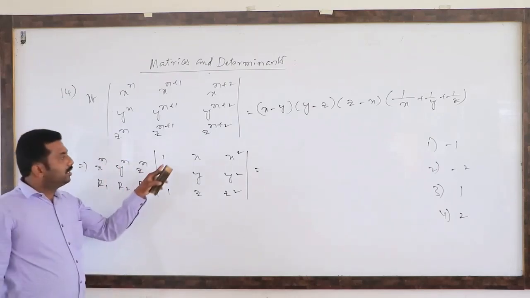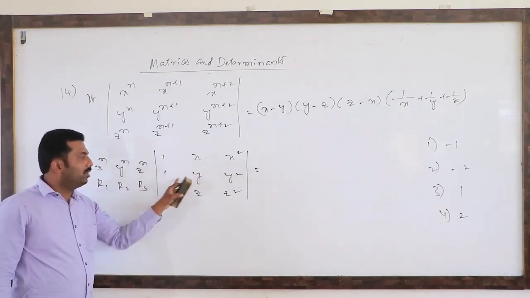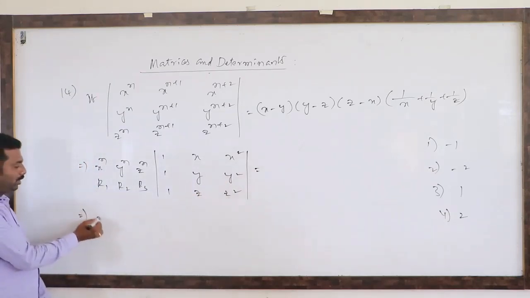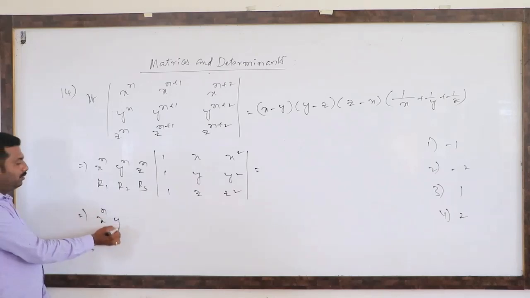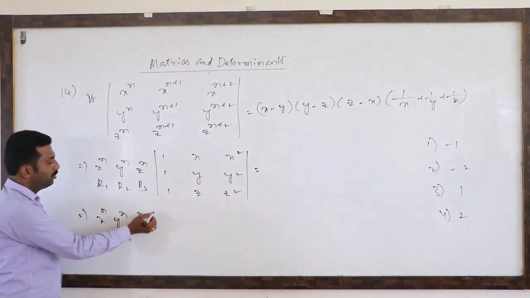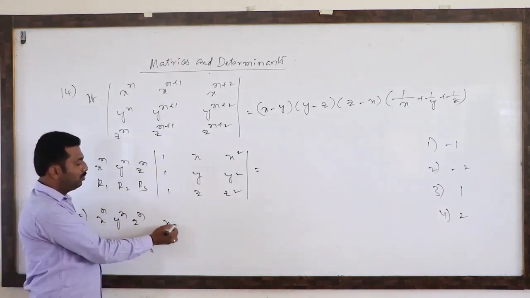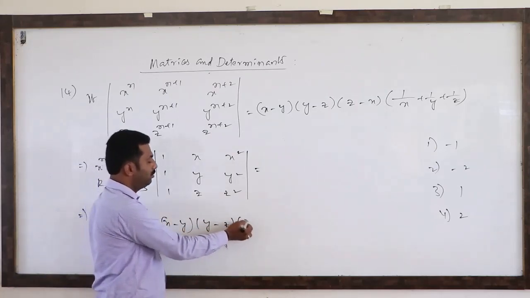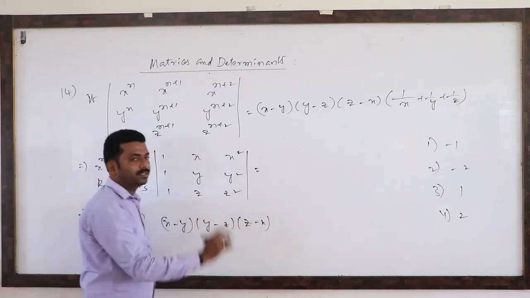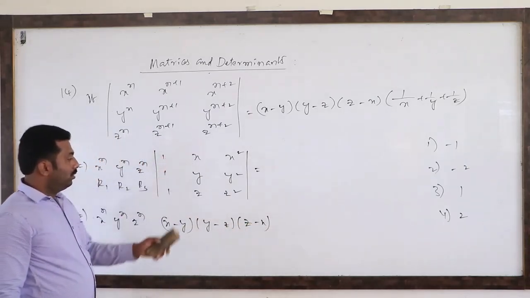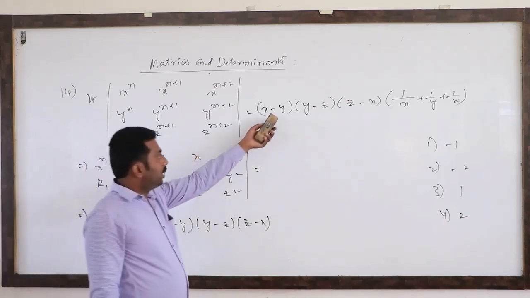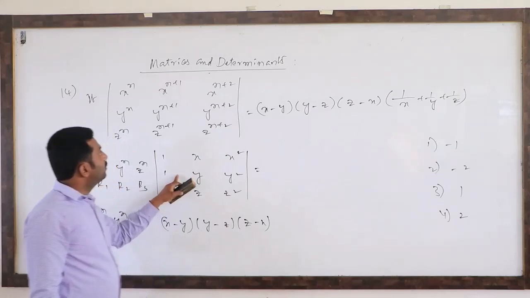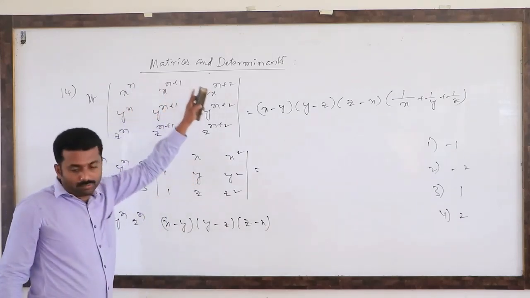Already one standard result is there: 1, a, a square; 1, b, b square; 1, c, c square. See here, how to write this one? x to the power n, y to the power n, z to the power n. So how to write this determinant? x minus y into y minus z into z minus x. So if you write like that, see here x minus y, y minus z, z minus x. Like this it is there, x power n, x power n plus 1.